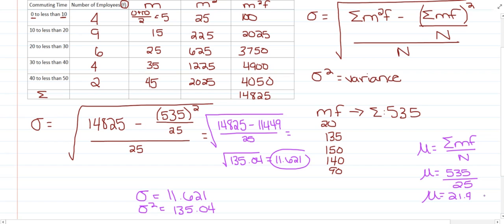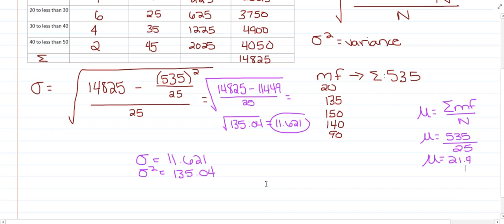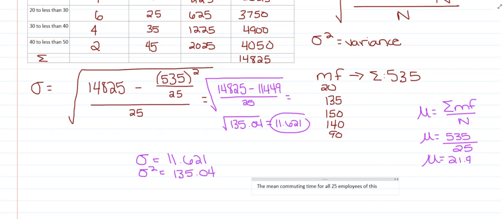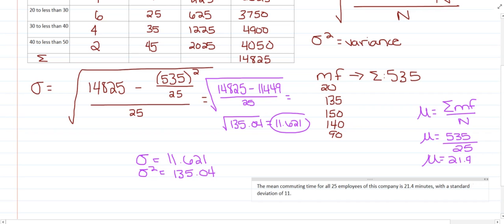Okay, so we're going through and starting to do applications of standard deviation. We could say that the mean commuting time for all 25 employees of this company is 21.4 minutes with a standard deviation of 11.621 minutes.